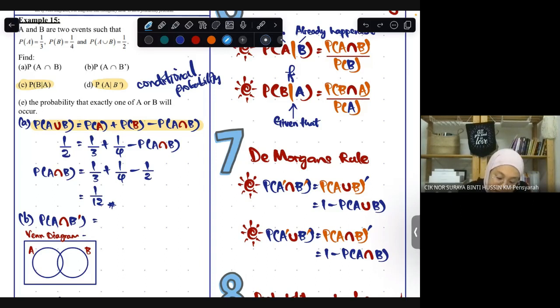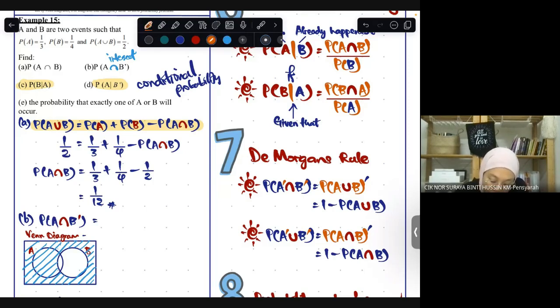But since dia kata dia nak intersect, again, you dah faham pun ini adalah pertembungan. Dia nak pertembungan di antara B prime. So maybe I can draw the B prime dulu kot. So B prime adalah lukisan dia selain B, bulatan B ni. Dan di manakah A?